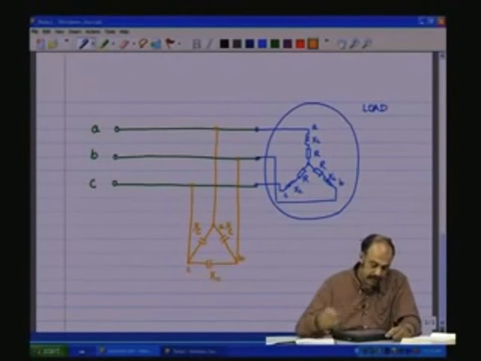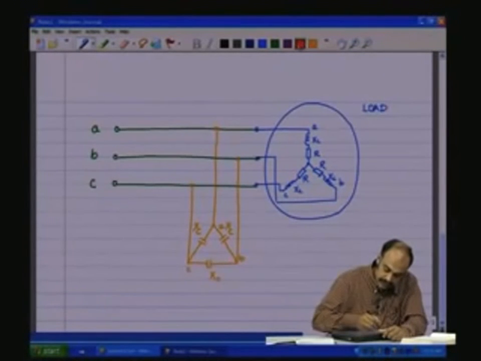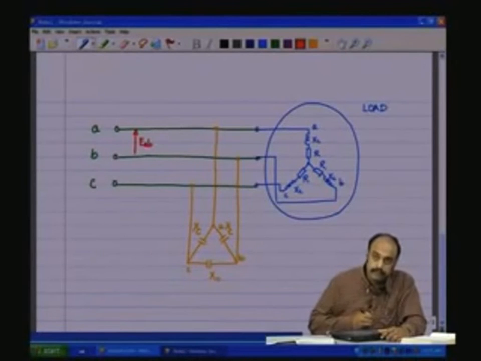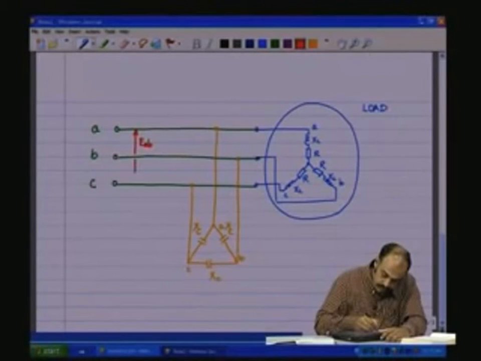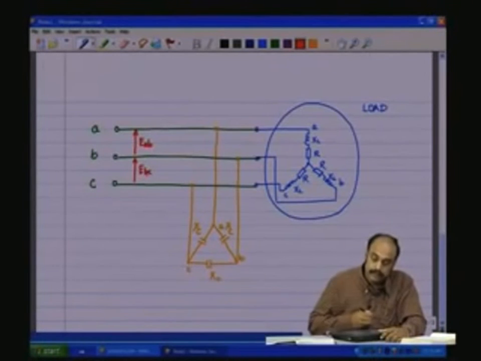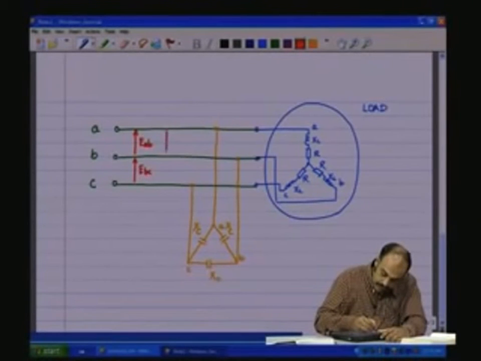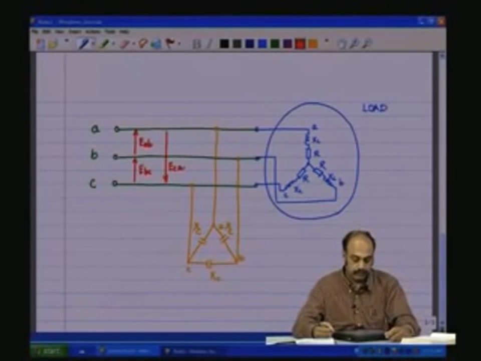For us, let us now have the reference. This is EAB, this is EBC, and we have ECA.